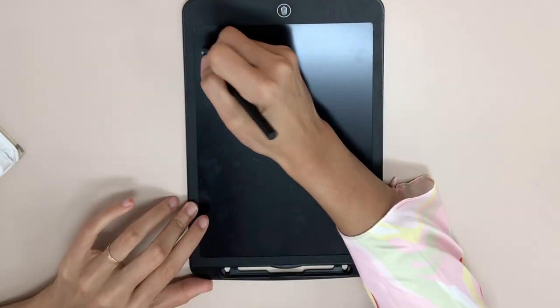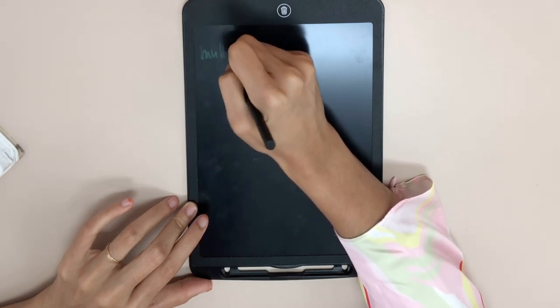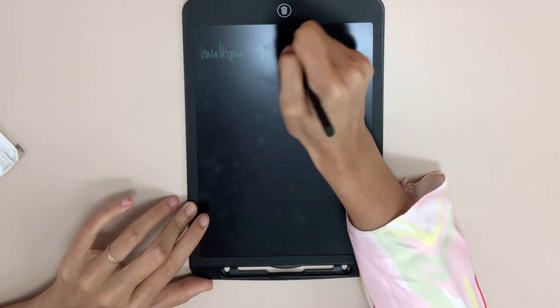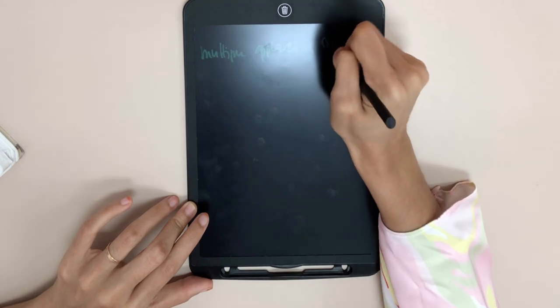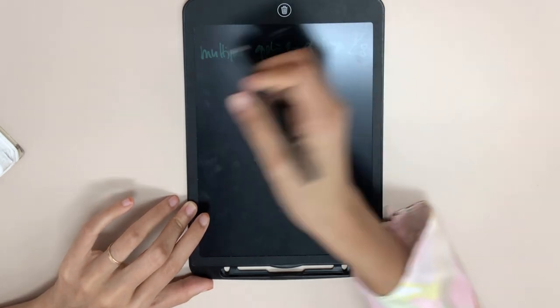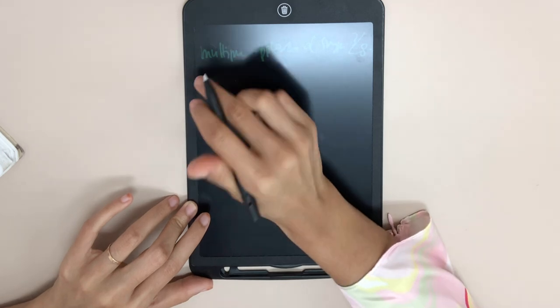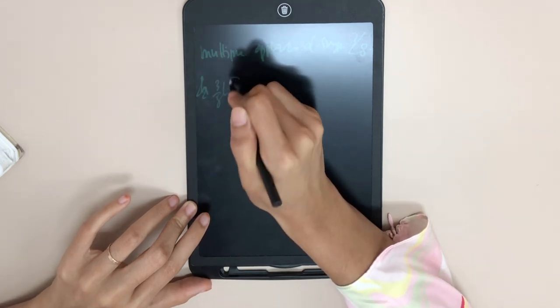And for the multiple application of Simpson's 3 over 8, the formula will be the same: 3 over 8h.